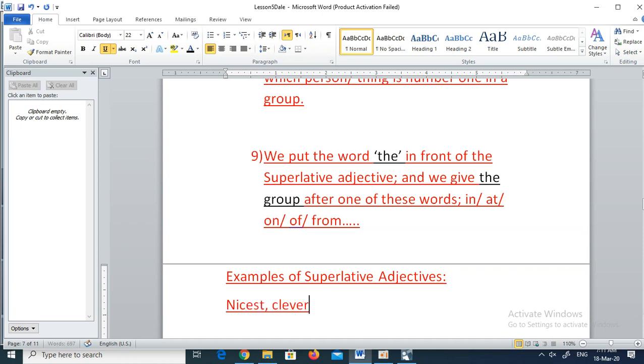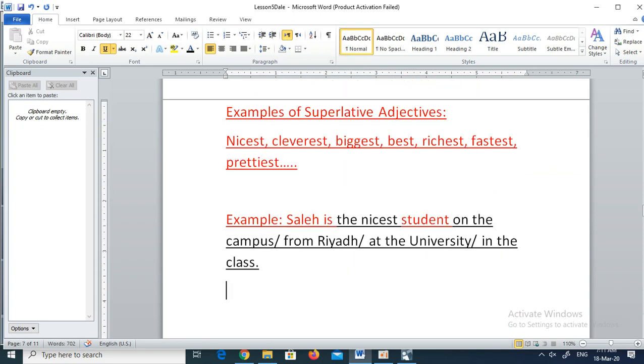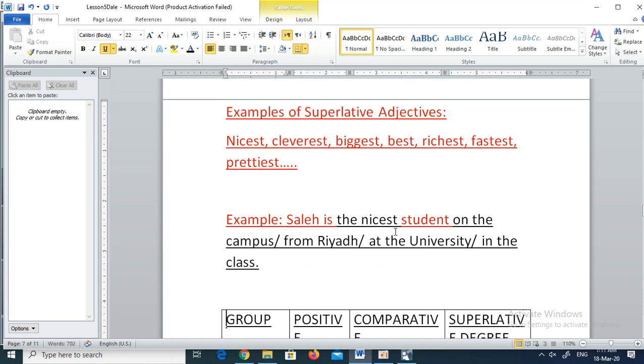Nicest, cleverest, biggest, best, richest, fastest, prettiest, and so forth. All right. Most of them you will see end in ST. Okay, so that is the superlative form and how we use it.